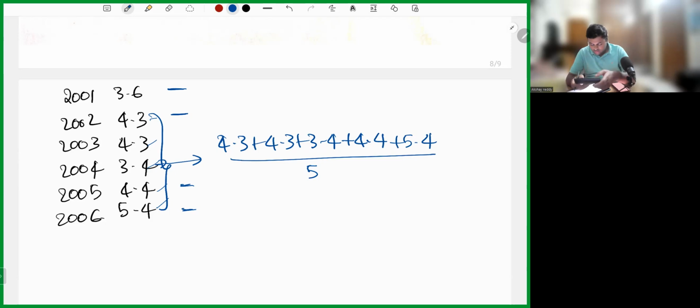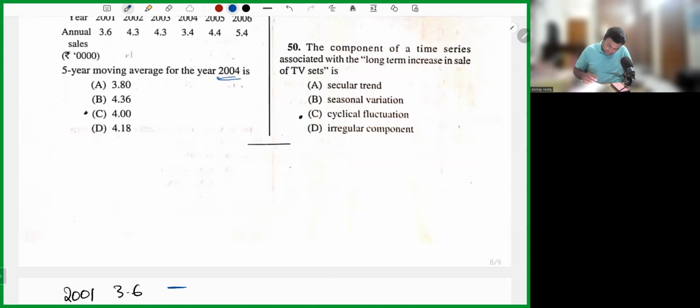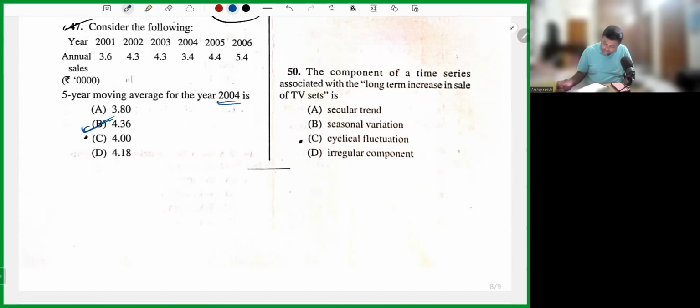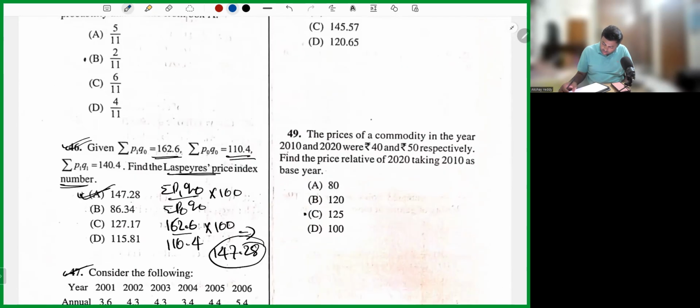That is 21.8 divided by 5, which is 4.36. So the answer is simply 4.36.